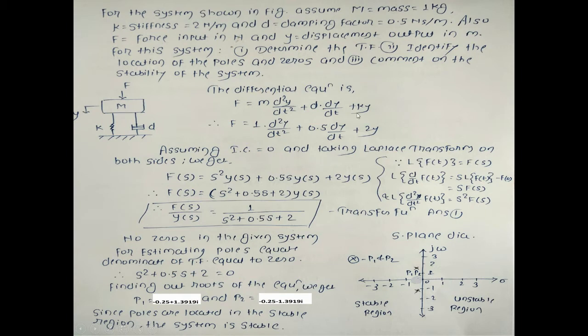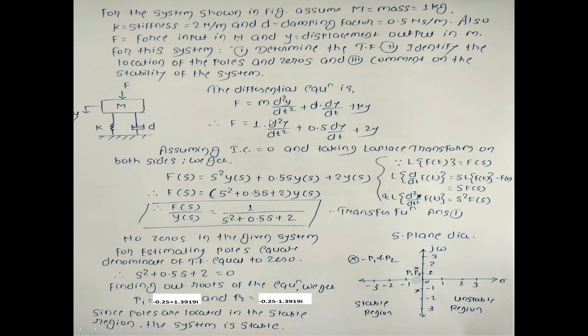Then the Laplace of d by dt of f of t, that is the differential of f of t, is equal to s into F of s, and the Laplace of d2 by dt square f of t is s square F of s. These are the standard results that we get from the Laplace transform.